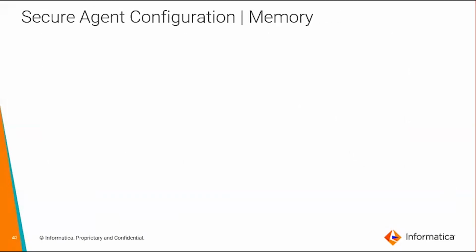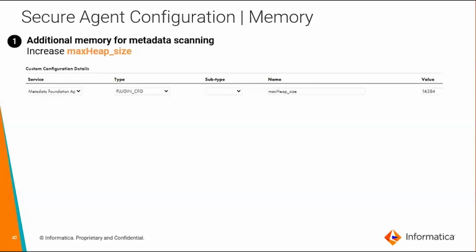We then have several memory settings that will ensure that you have sufficient memory, first to optimize performance so you aren't paging to disk, and also so the job can even get started. Too little memory and you'll get an error, some sort of Java heap space error. These examples assume that you have at least 64 gig of memory as recommended, because certainly you don't want to allocate more memory than is available.